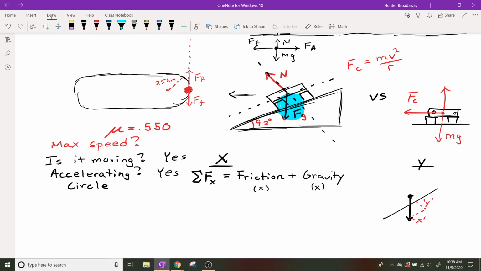It's not going to be the cosine because the angle that we're using is based off of that 9.2 degrees. And that 9.2 degree similar triangle is not the cosine, but the sine.